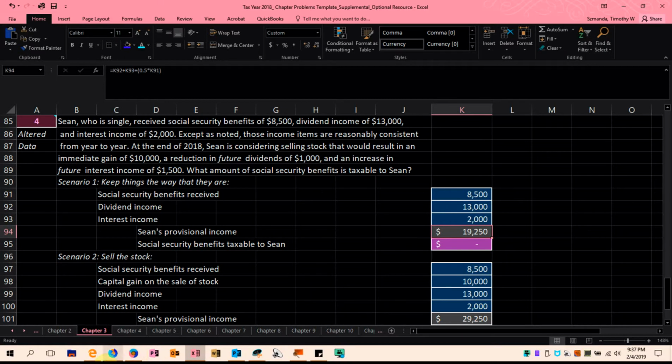If we go back to the table in the chapter, you can see that this $19,250 falls below the lower end of the threshold for single taxpayers, and therefore Sean does not have to pay any tax on his Social Security benefits.